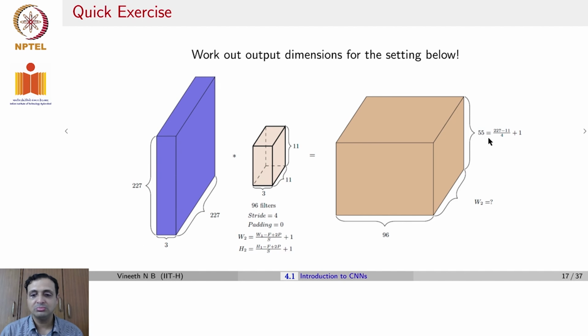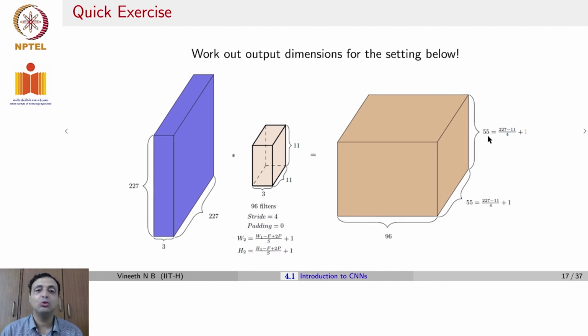Let's then go to H2. H2 was given by H1, 227, minus F, minus 11, plus 2P, which is 0, divided by stride, 4, plus 1, which is 55, and we get a similar value for W2. That's how you can get the output, the dimensions of the feature map.